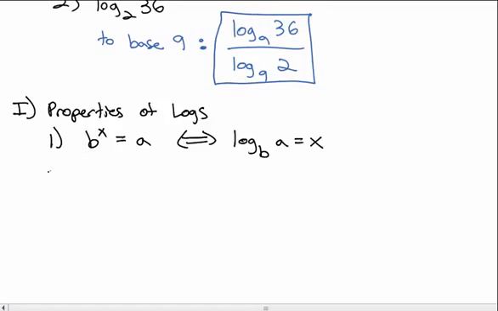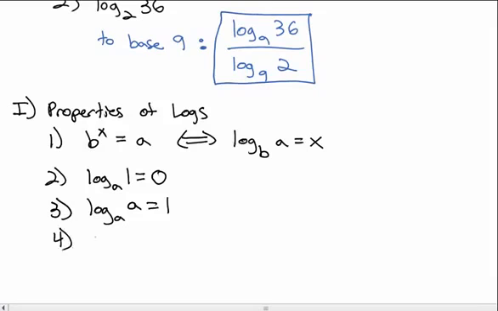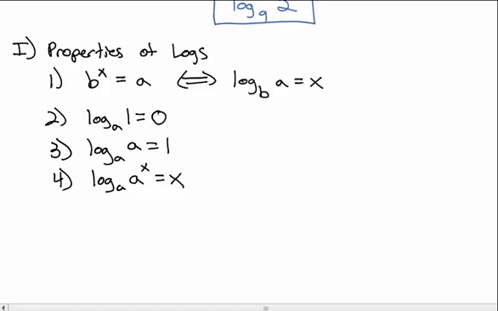You need to know how to do that. Second, we said the log base anything of 1 is always 0, because anything to the 0 is 1. We said the log base anything of that base is always equal to 1, and that really comes off of the fact that the exponent is 1. So more generally, the log base anything of anything to an exponent is equal to that exponent.